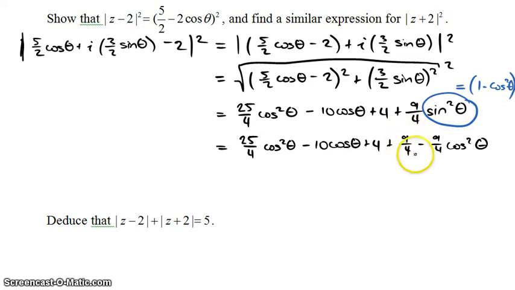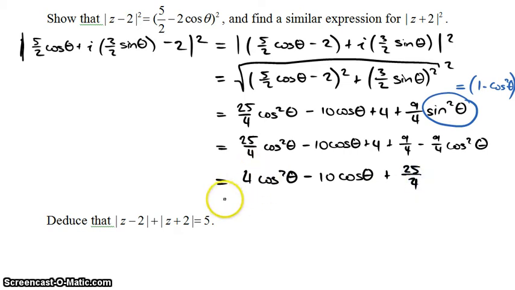And then what do I get? Well, 25/4 minus 9/4 gives me 16/4. That gives me 4 cos² θ − 10 cos θ. And then 4 plus 9/4 actually gives me 25/4. And if you look at this, what do you see about it?